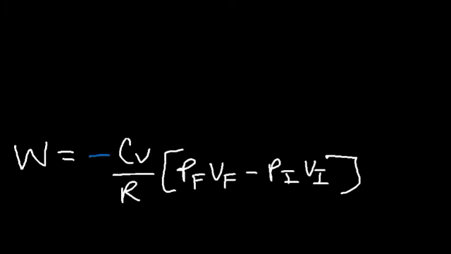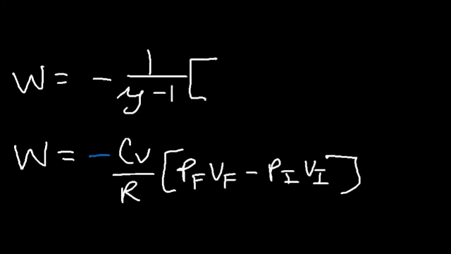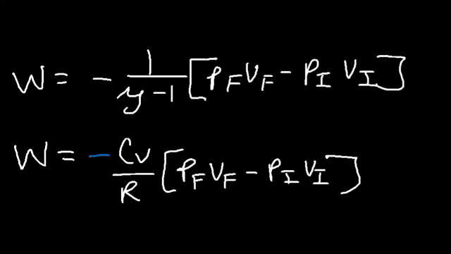You can also use this equation. W is equal to negative 1 over gamma minus 1 times P final V final minus P initial V initial. You can get that equation using the fact that Cv is R over gamma minus 1.